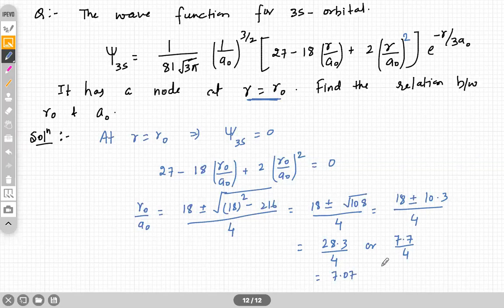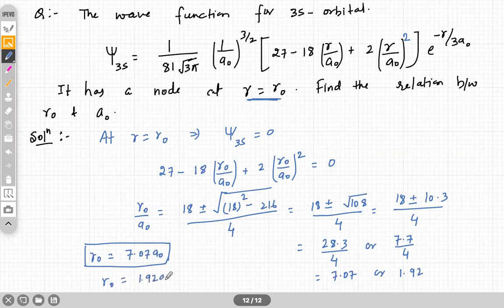And 7.7 divided by 4 is 1.92. So the value is R naught equals 7.07 A naught, and R naught equals 1.92 A naught. This is the possible relation of R naught and A naught here.